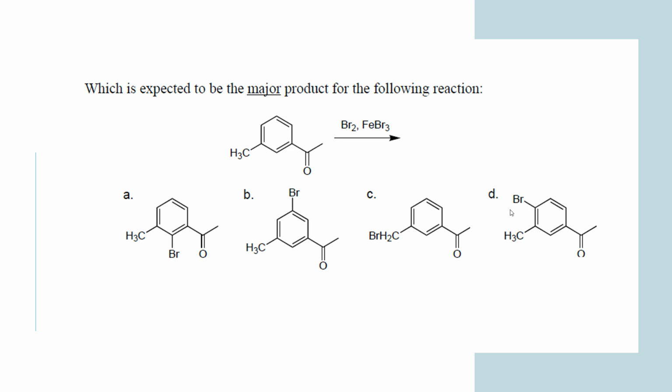See, both option A and D are possible, both can be formed, but one factor which will be deciding which one of these will be major and which one will be minor is none other than the steric factor. As you know, in organic chemistry steric factor plays a huge role in all kinds of reactions.